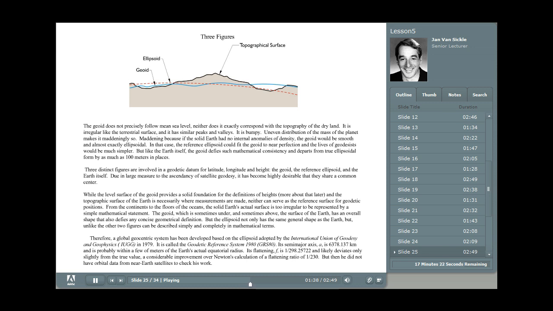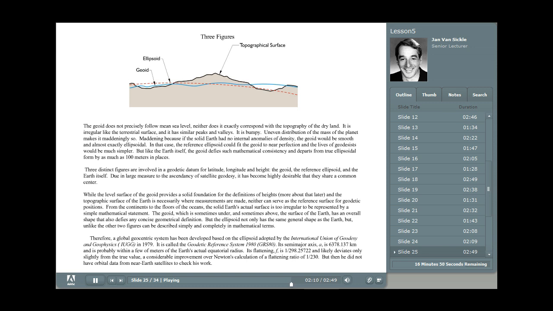Now, while the level surface of the geoid provides a solid foundation for the definition of heights, and the topographic surface is necessarily where the measurements are made, neither can serve as a reference for geodetic positions. From the continents to the floors of the ocean, the solid Earth is too irregular to be represented by a simple mathematical statement, and the geoid, sometimes under, sometimes above the surface of the Earth, has an overall shape that also defies any concise geometrical definition.